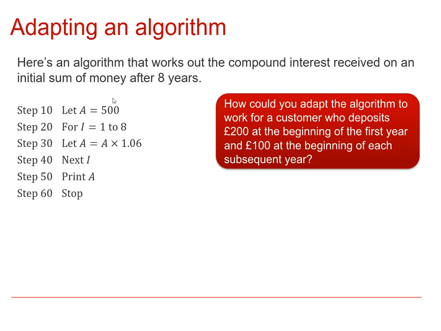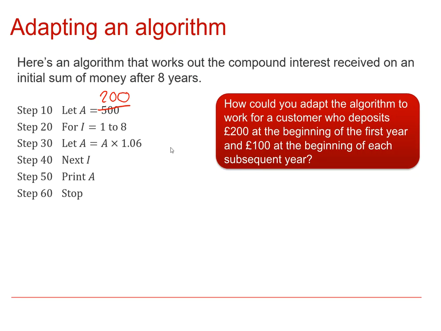So this time we're told that it's going to be an initial amount of 200. So if we change that to 200, and then we're told that something's going to happen at the beginning of each year. Now if we think about this, each time we enter this loop we're at the start of the year, and then as the year proceeds this thing happens, and then at the end we've got 1.06 times as much.